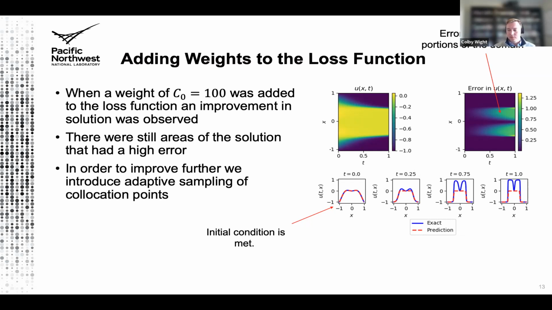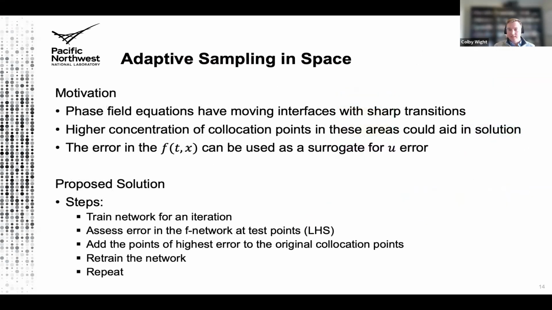So in order to further improve this solution, we came up with this sampling in space strategy. Again, looking at the intuition behind phase-field equations, which have these sharp interfaces that move over time, we thought that sampling in these areas might aid in the solution.